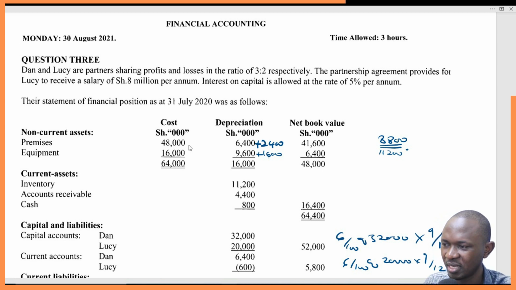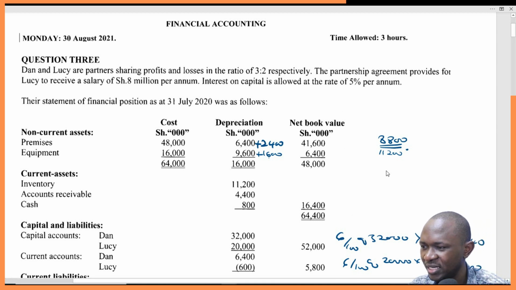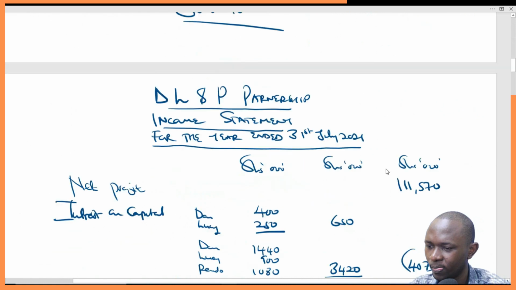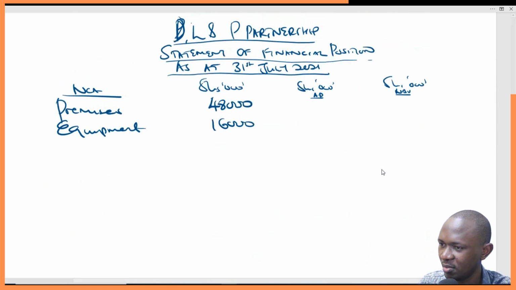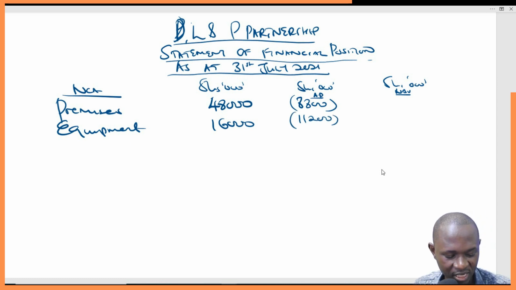So we bring those figures. Those are the figures we are interested in: 8,800 and 11,200. So we less from this, 48,000 minus 8,800.